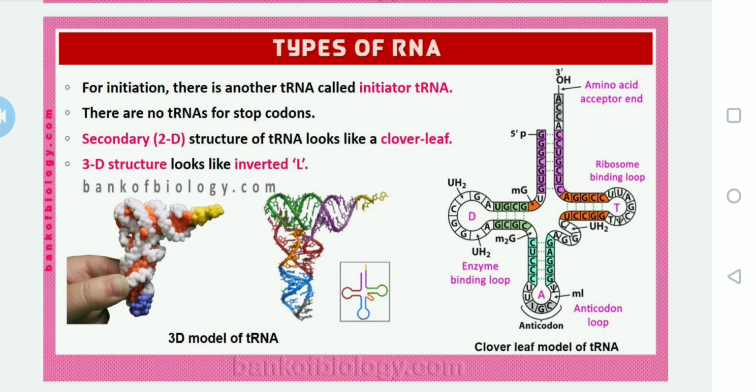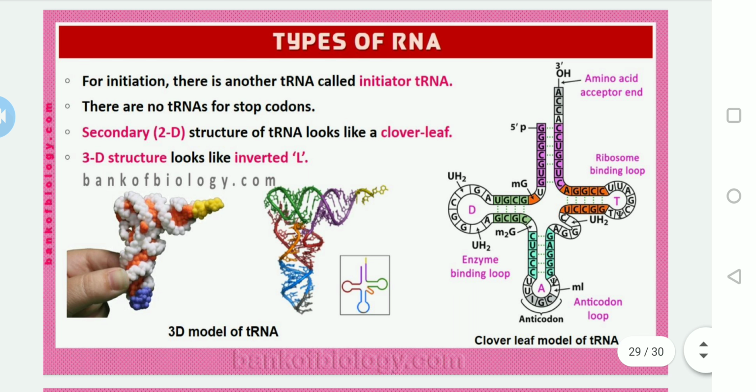Remember, the secondary, or 2D, structure of tRNA looks like a clover leaf, but the 3D structure of the tRNA looks like an inverted L shape. So there is a difference between the 2D and 3D structures.